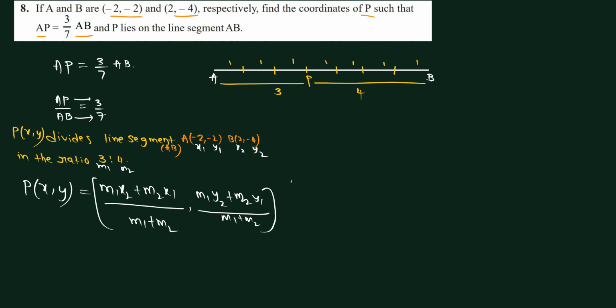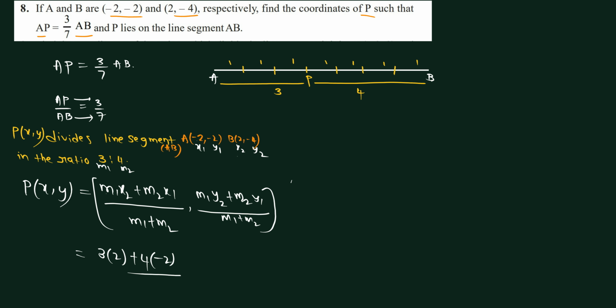Now you say, what is m1 we have here? Yes, everyone please say what is m1? m1 is 3. What is x2? x2 is 2, so 3 into 2. m2 is 4. And x1 is -2, divided by m1 plus m2, that is 3 plus 4.